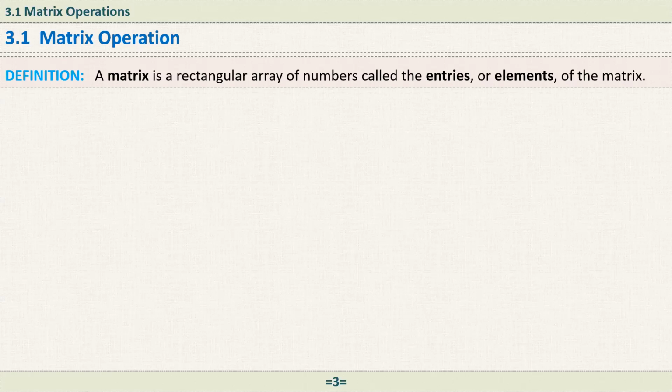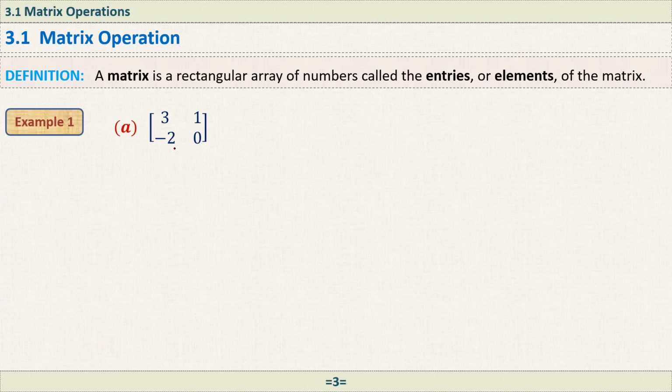So simply, a matrix is defined as a rectangular array of numbers called the entries. That means an array of numbers, and those numbers in the matrix are called entries, or we call them elements of the matrix. So this one is a rectangular array. Here we have an array of numbers placed in rectangular order. If you put it in a box, it looks like a rectangle.